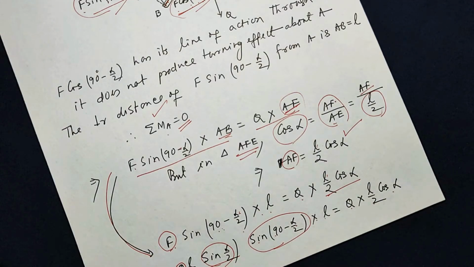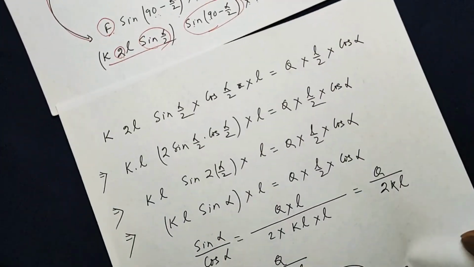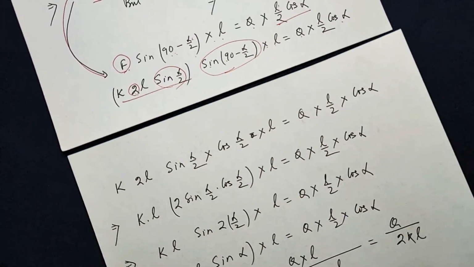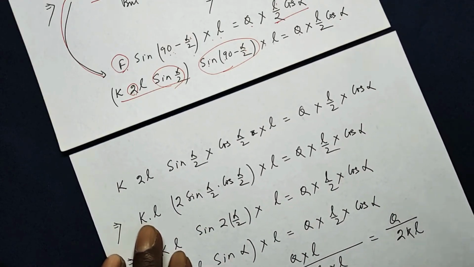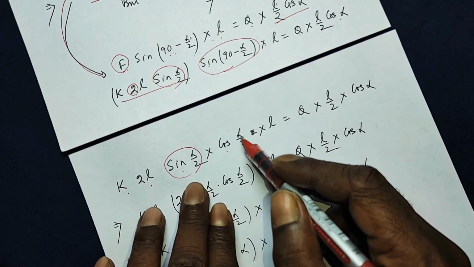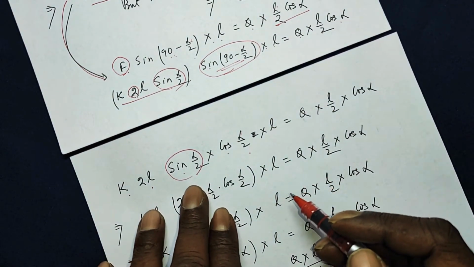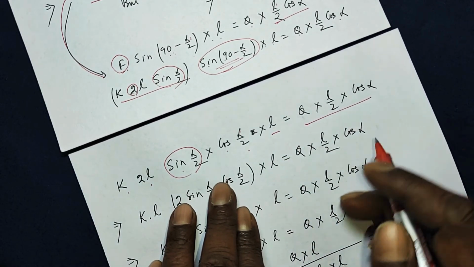So I will be getting a new trigonometric expression to remove alpha by 2. So K times 2L sine alpha by 2 cos alpha by 2, that is this sine 90 minus alpha by 2 is cos alpha by 2, L is this much.